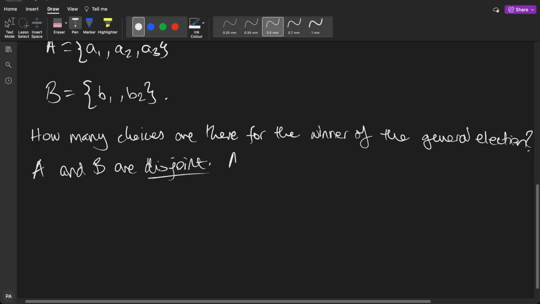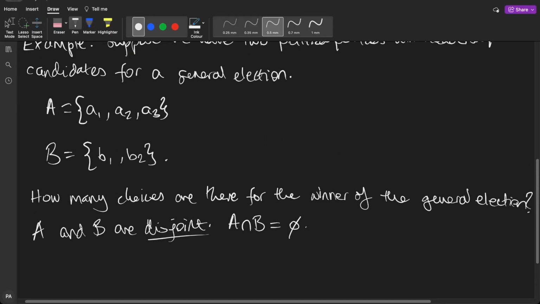That is, A intersect B is the empty set. What that means is that none of the candidates of political party B are also running as political candidates for party A.